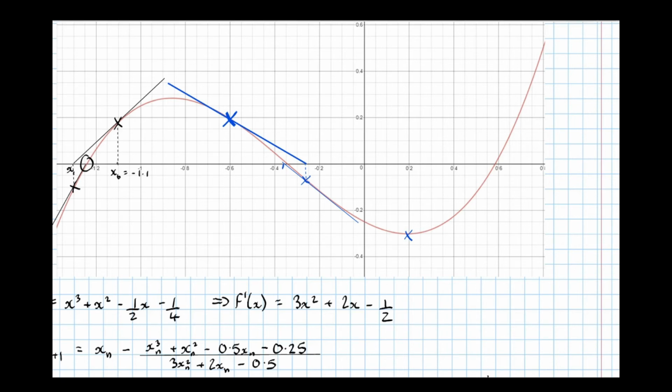If I draw a tangent at this point, if it's completely horizontal, if I've managed to get it bob on the stationary point, then it's never going to cut the axis and the Newton-Raphson method is not going to work. If it's got a slightly positive or negative gradient, it's going to take absolutely ages to hit the axis, and therefore the convergence is going to be poor.